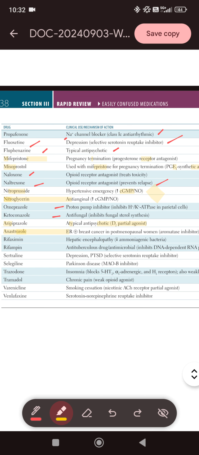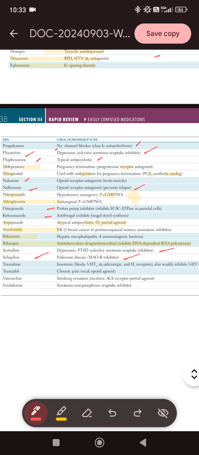Next is sertraline. Sertraline is used in PTSD, and it is an SSRI. Selegiline, we know about, MAO-B inhibitor, and it is used in Parkinson's. Then we have trazodone.